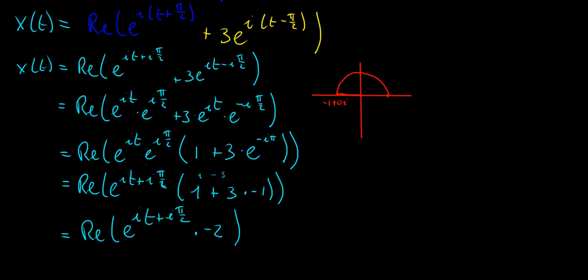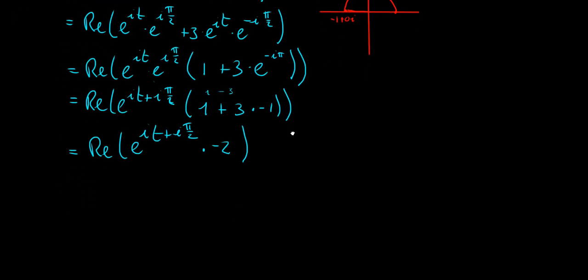There's just 2 more steps to make. The first step we have to make is taking the i out of the brackets, so let's also put minus 2 in front of it, and we get e to the power of i(t plus pi divided by 2), like this.